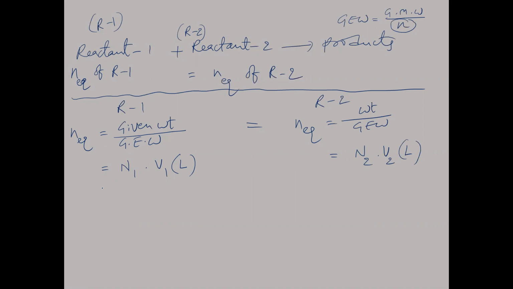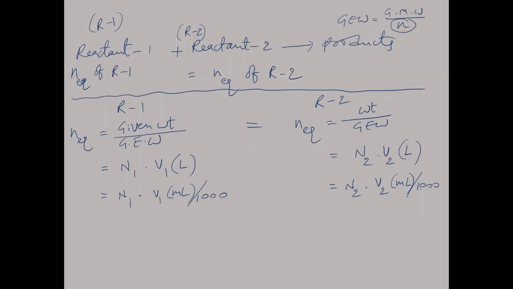Now, sometimes the volume is given in ml. Then what to do? Volume in ml means N1 into V1 in ml divided by 1000. Here also, normality of the second reactant into volume of the second reactant in ml divided by 1000.